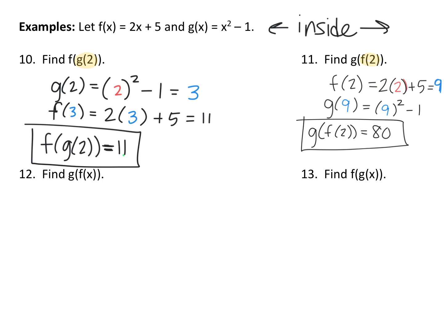So you are going to take f of x and plug it into g. So just for the sake of seeing it right in front of us, g of x is x squared minus 1. And then I'm not plugging a number into g. What am I plugging into g? F of x. So this is where it gets a little weird. So now instead of a number, I'm going to plug in f of x.